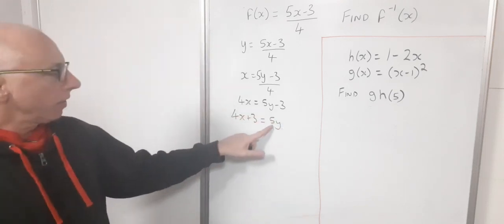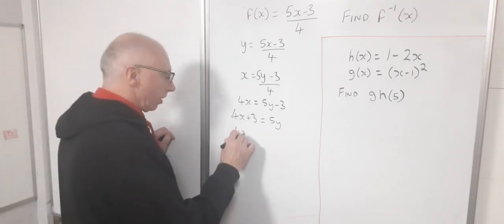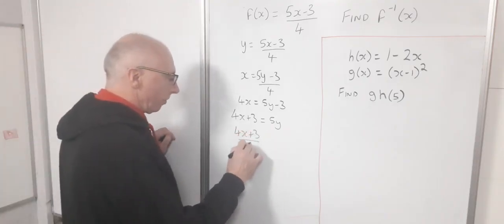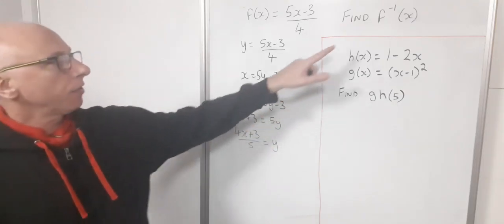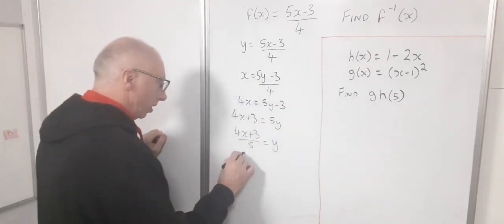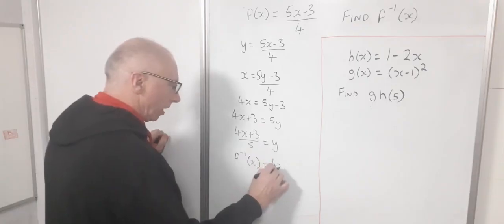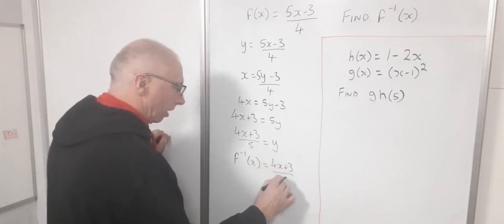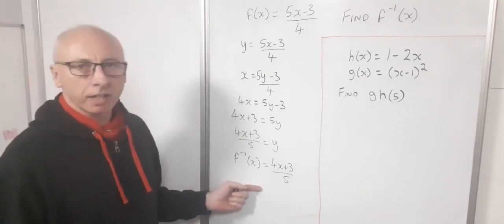And then divide both sides by 5, we'll get the y on its own. So then we've got (4x plus 3) over 5 equals y. And now to finish off, we write that as the inverse function. So the inverse function of x equals (4x plus 3) over 5. Okay, so that's the first part taken care of.